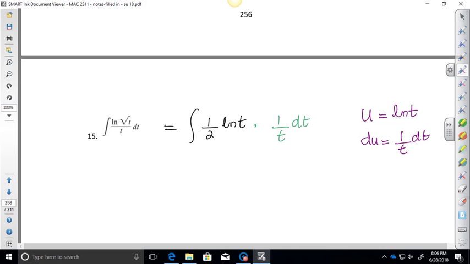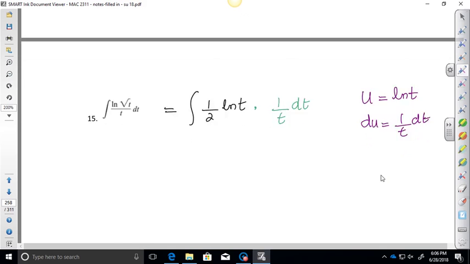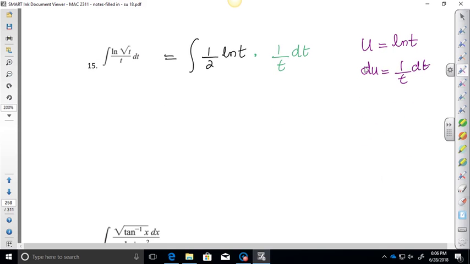That's how you decide if both are simple functions. If I take 1 over t as u, the derivative is negative 1 over t squared. That's not there, so I cannot do that.